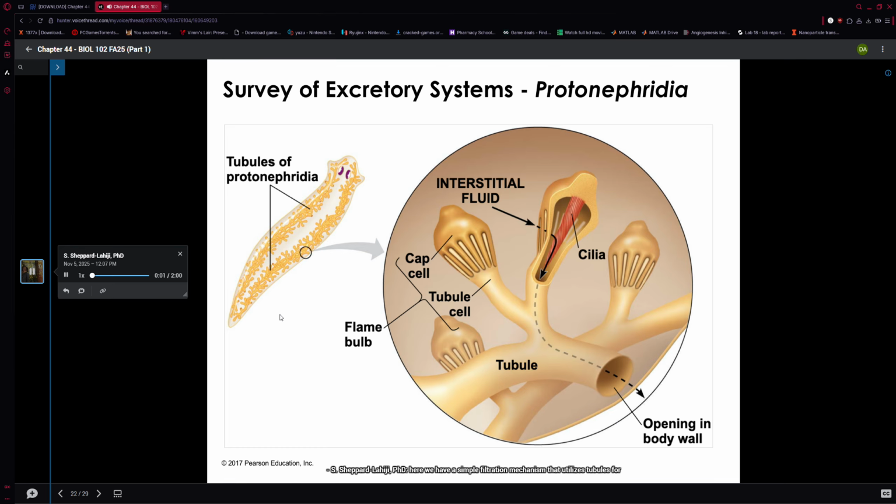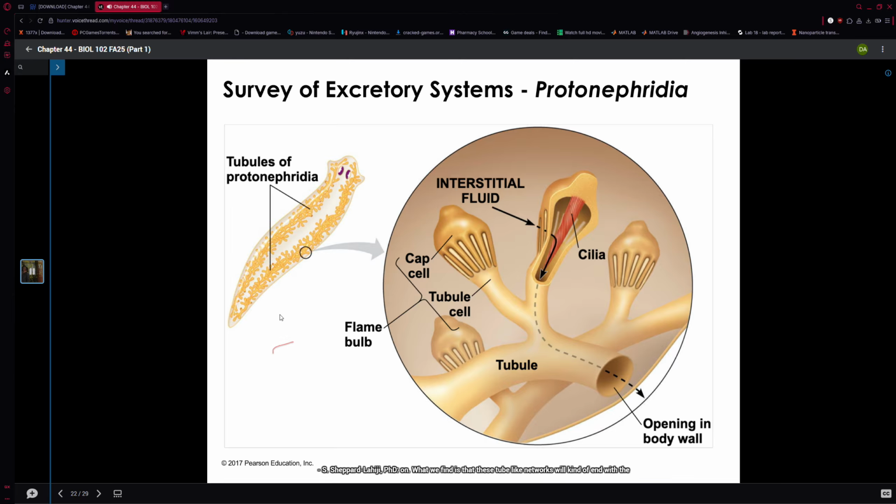Here we have a simple filtration mechanism that utilizes tubules for excretion. This is going to be the protonephridia, and the organism that we're seeing this in is the flatworm. When it comes to protonephridia, there are a ton of branching tubules that will then filter fluids from the body cavity.